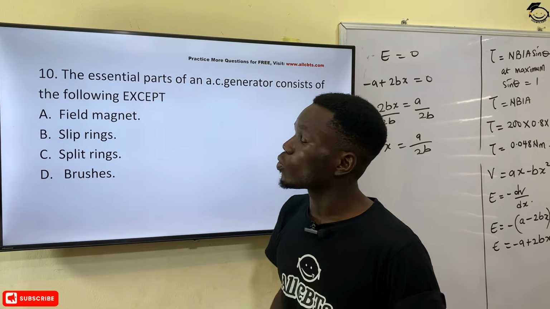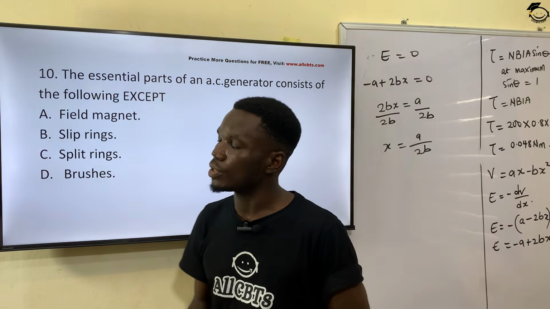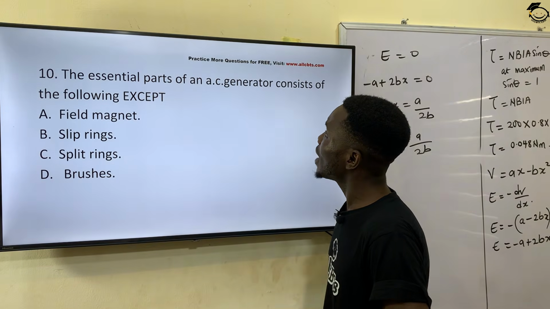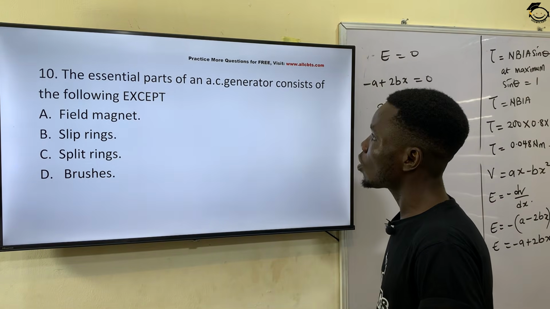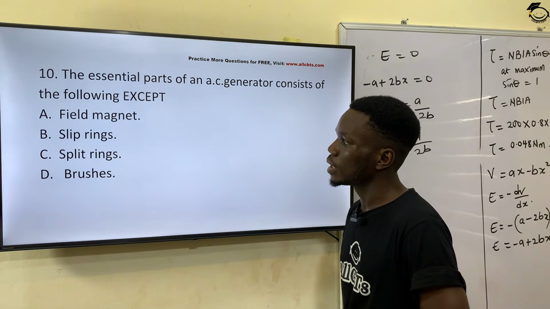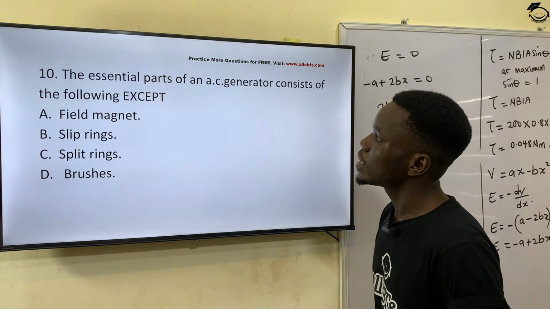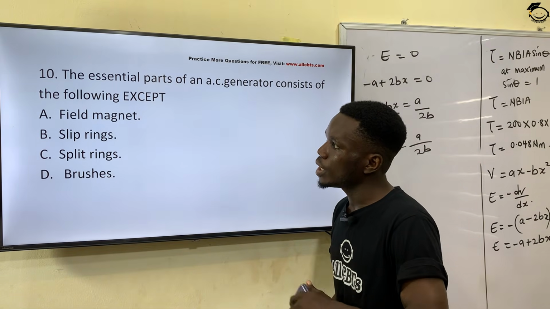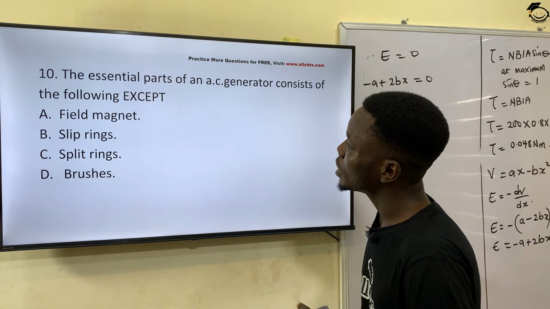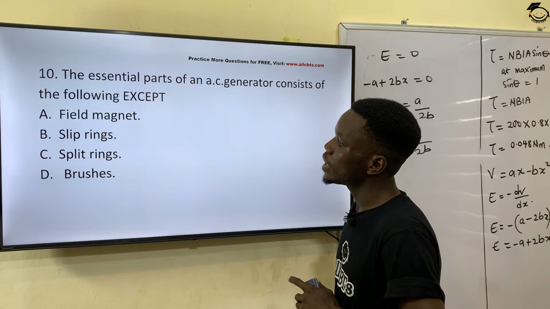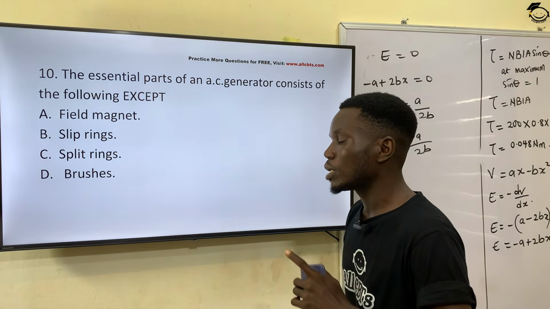That takes us to question number 10, which says the essential part of an AC generator consists of the following, except: option A says field magnet, option B says slip rings, option C says split rings, and option D says brushes.